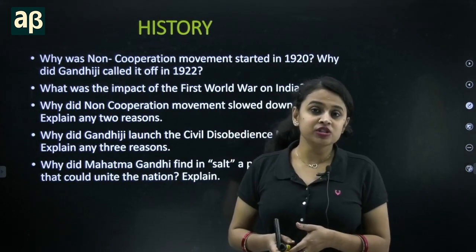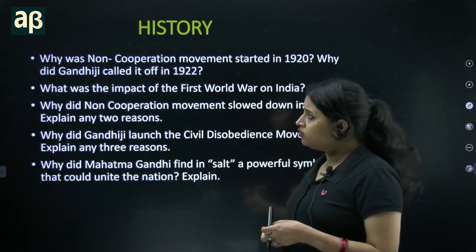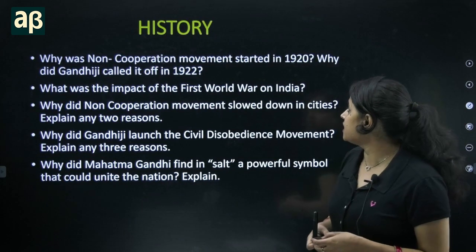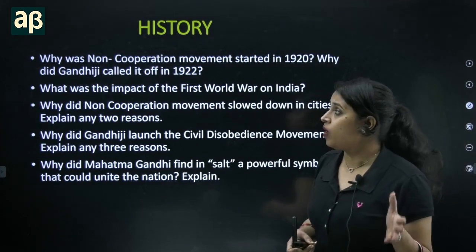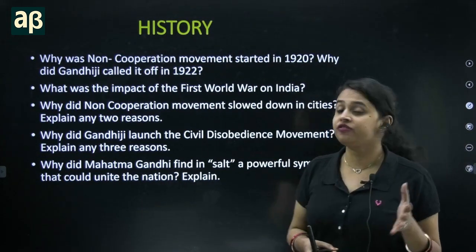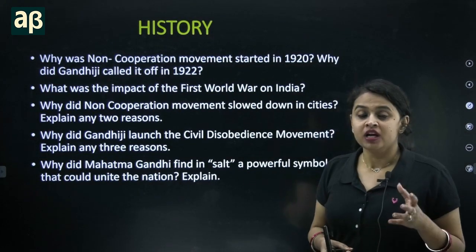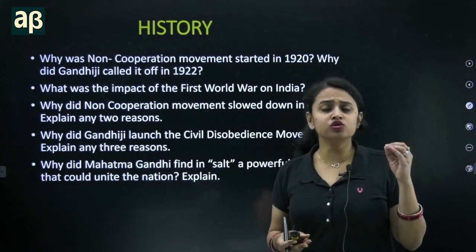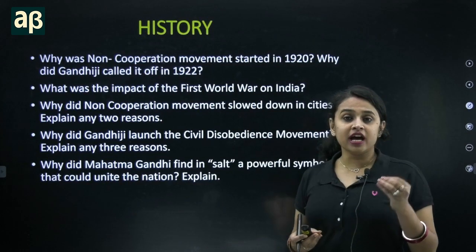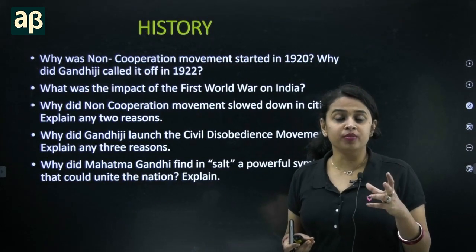So, the first question here is, why was non-cooperation movement started in 1920? Why did Gandhiji call it off in 1922? Now here I am going to give you just little hints so that you frame your answer in a proper way.